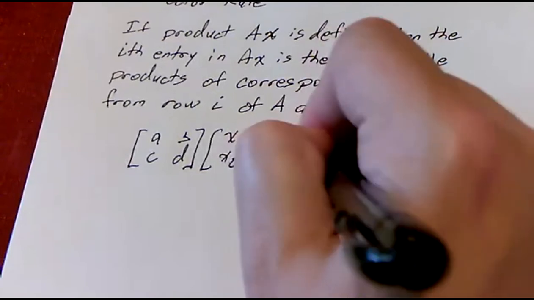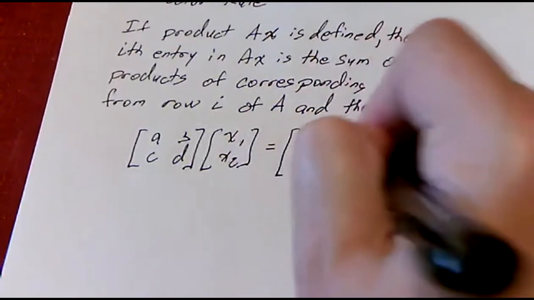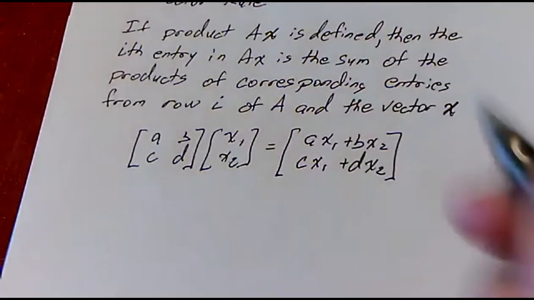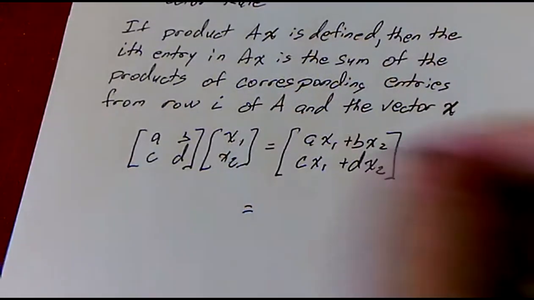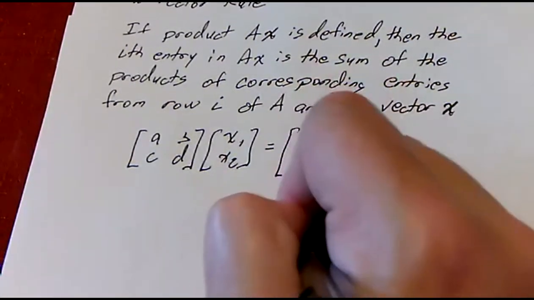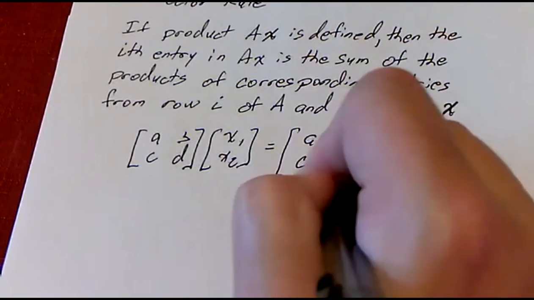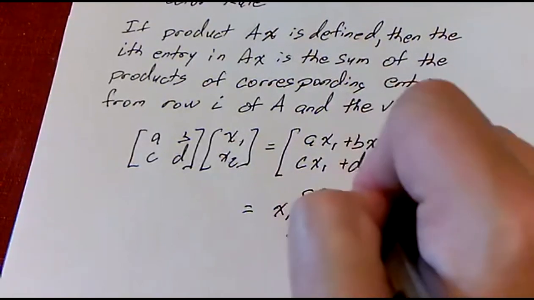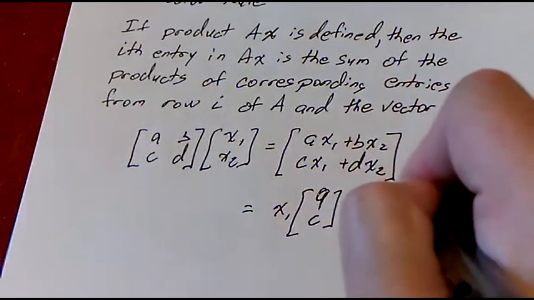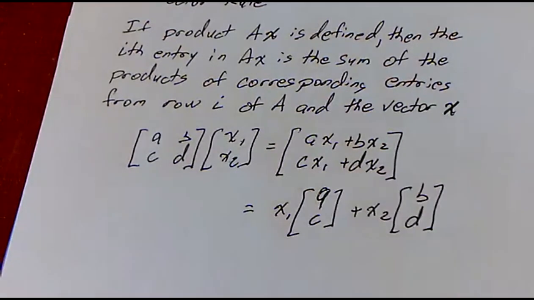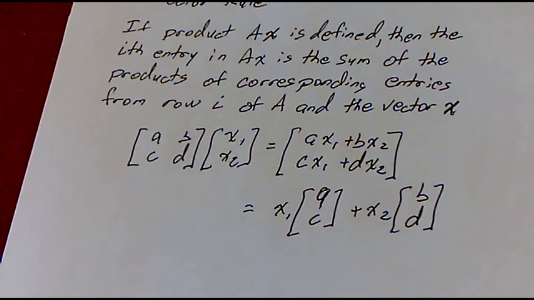In the second, I would get C X1 plus D X2, which I could also write as a vector equation, which would have X1 with the vector A, C, and X2 with the vector B, D. So we can use those rows and vectors interchangeably, all the way through.